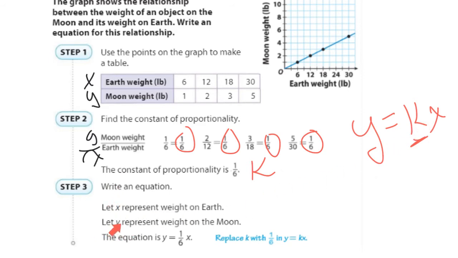You have to describe the y too, because you're using it in your final answer, so you have to introduce it. So x is the weight on Earth, and y is the weight on the moon. You found the k, replace k with 1/6, y equals 1/6 x. So that would be the answer.